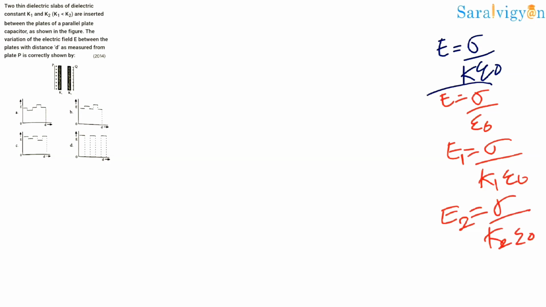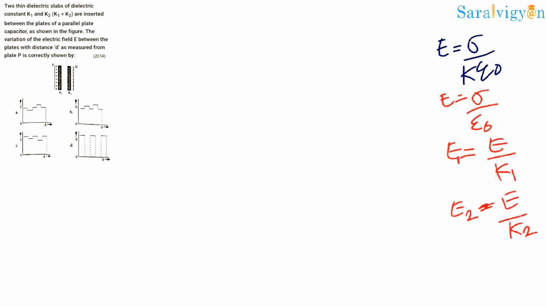Since we already know that E is equal to sigma by epsilon 0, we can substitute sigma by epsilon 0 with E. Now we are given the relation between K1 and K2: K1 is less than K2.